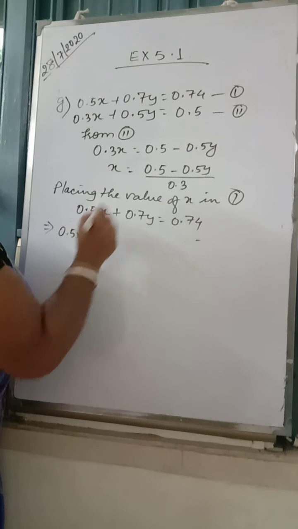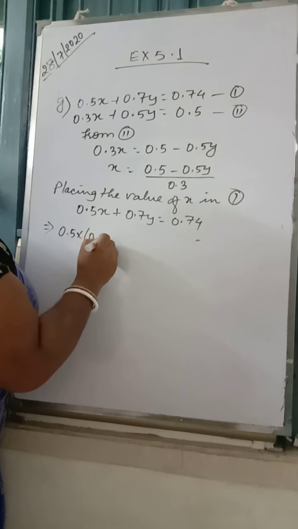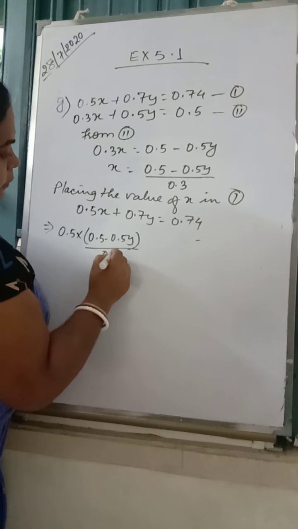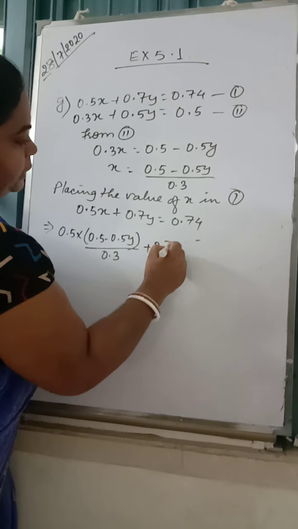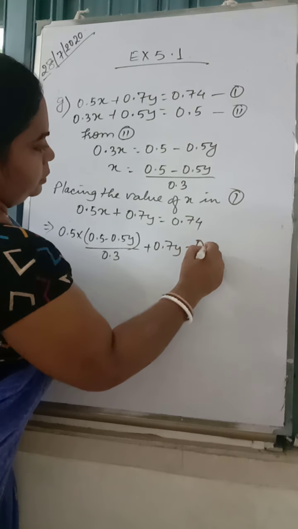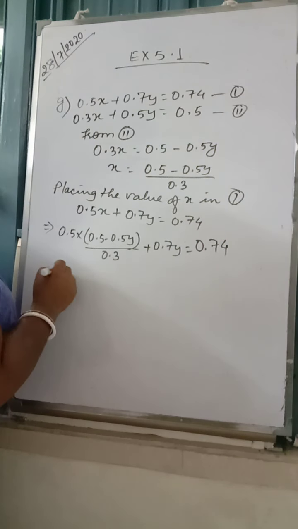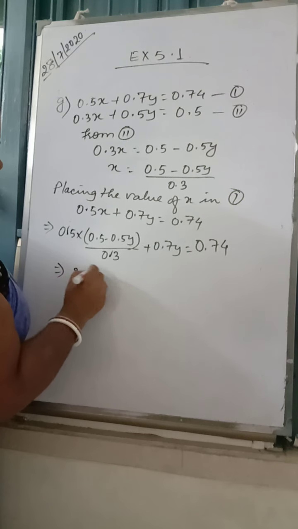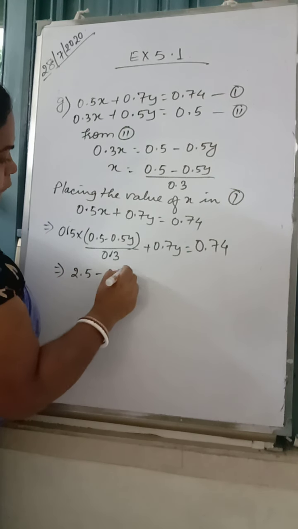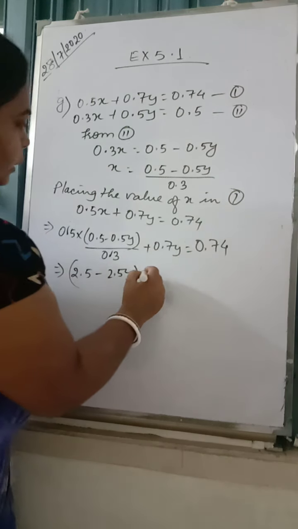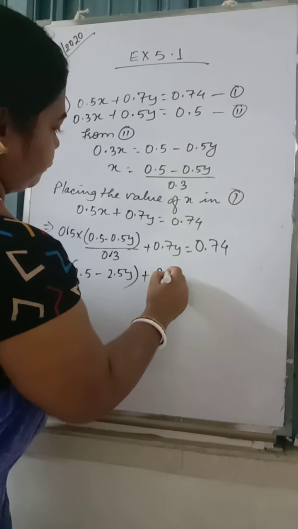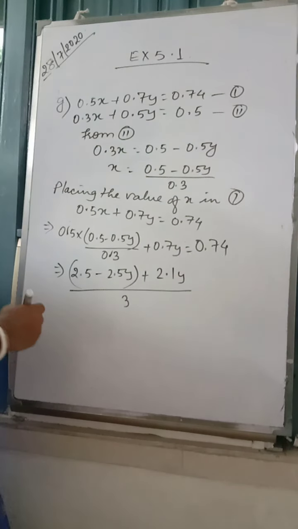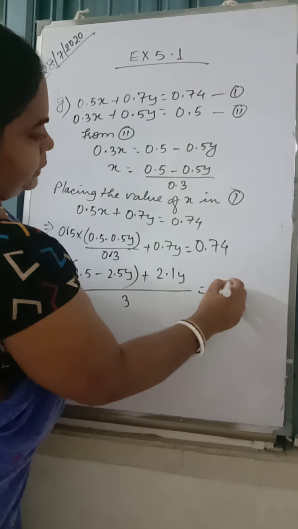Now you see, 0.5 into (0.5 minus 0.5y) by 0.3 plus 0.7y, which was not added, is equal to 0.74. Now I can remove the decimal, or it gives you 2.5 minus 2.5y plus 2.1y by 3 is equal to 0.74.